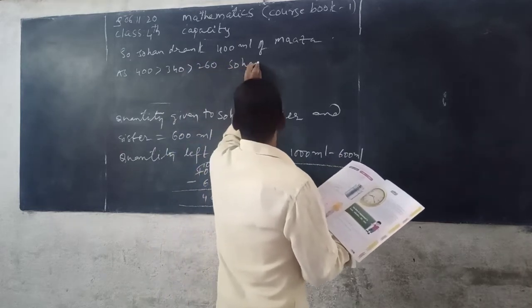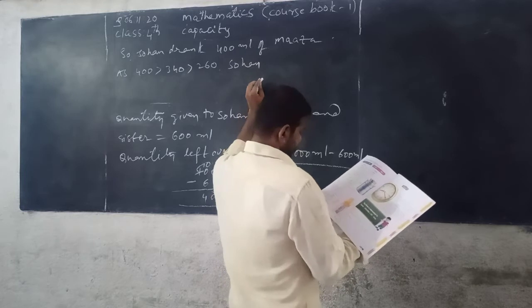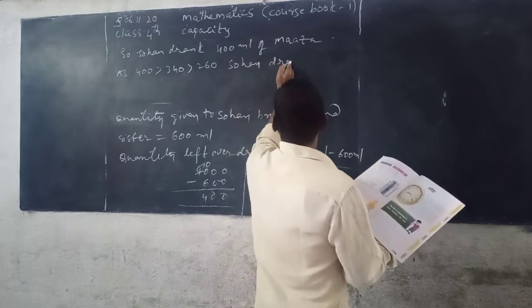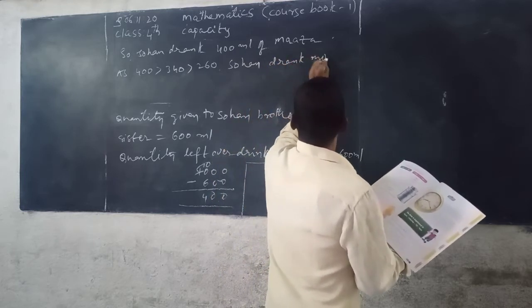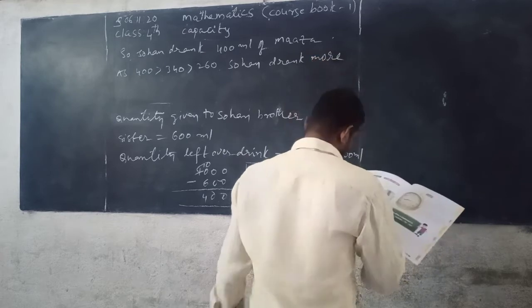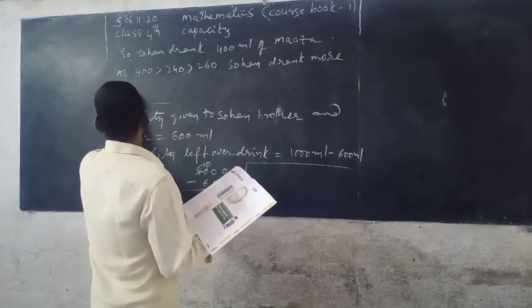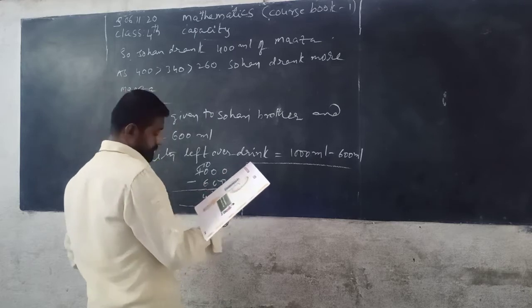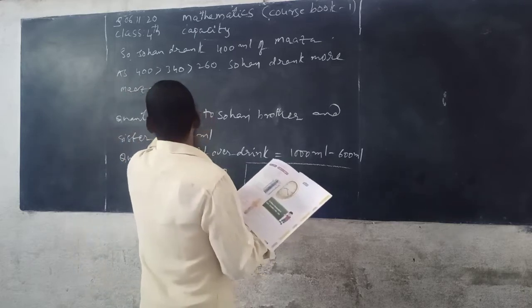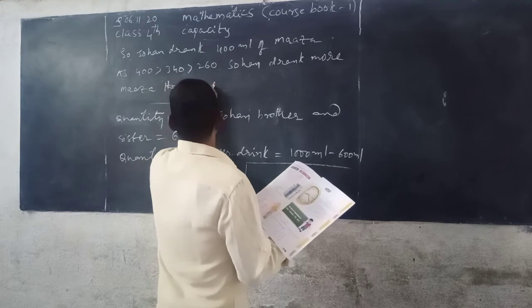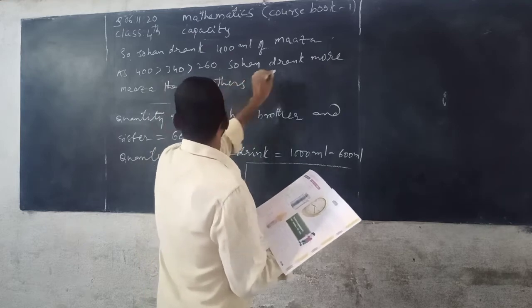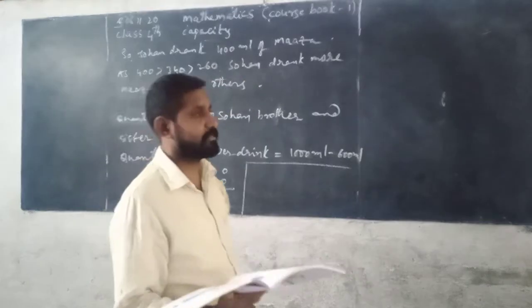According to our problem, Sohan drank more Maza than the others.